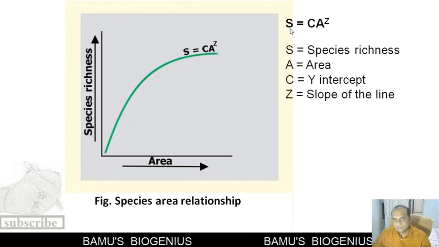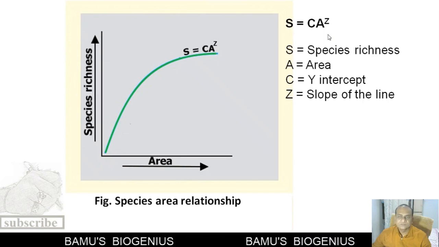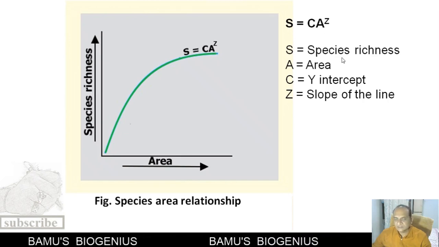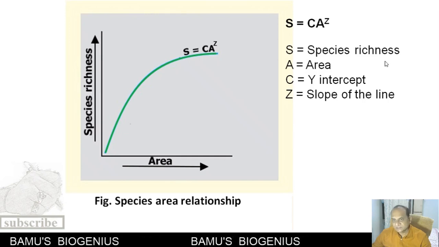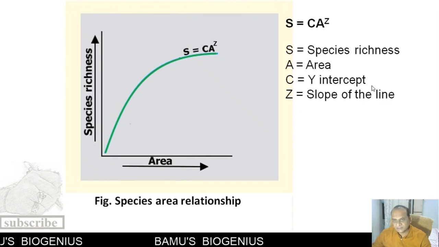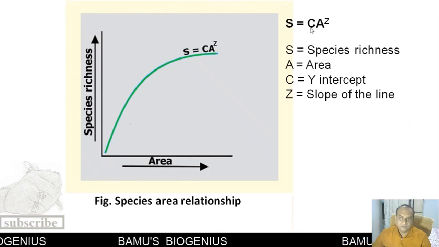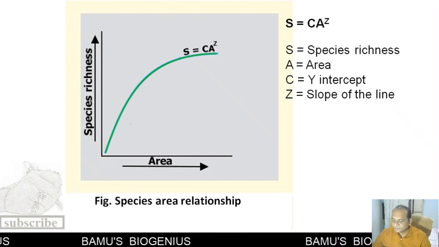This can be converted into a mathematical expression, and here you can see S as in the last slide. S is species richness, A is area, C is the y-intercept, and Z is the slope of the line. So S is equal to C A to the power Z.